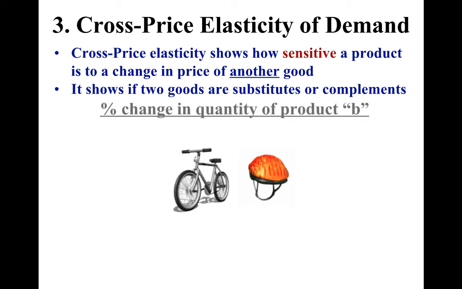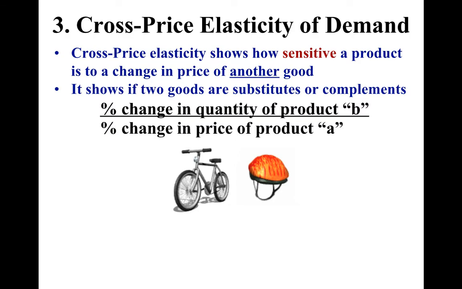It's the percent change in quantity of product B over the percent change in price of product A. So if the price goes up of one product, you put the change in quantity of the other product on the top of this equation. And you need to use negatives. For example, the price of bikes increases 20%, so that goes on the bottom as a positive.